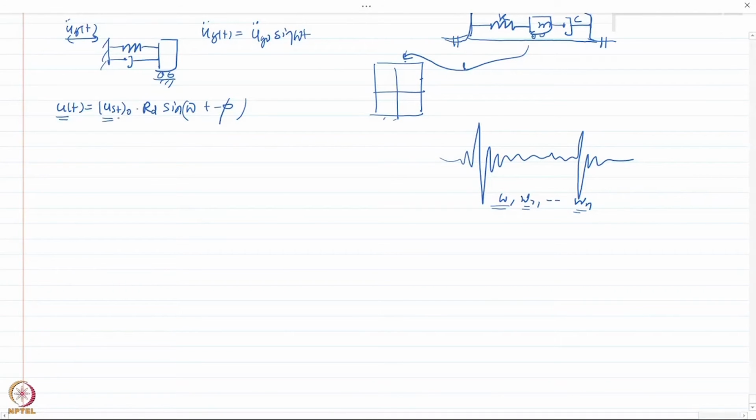I can further write this as, remember, U_st0 here is nothing but P0 by K, which is minus M times U_g double dot, or I can write this as U_g0 divided by K. So this can be written here as minus M divided by K R_d, and this is U_g0 sine omega t minus phi.